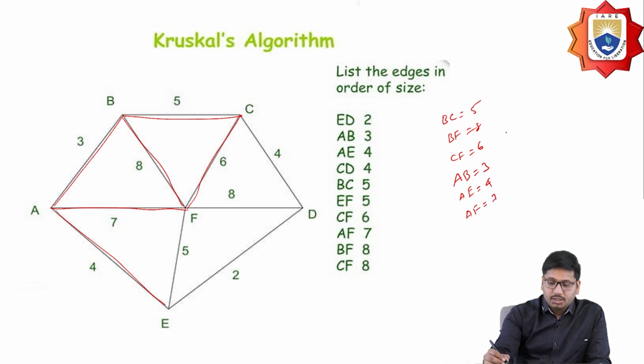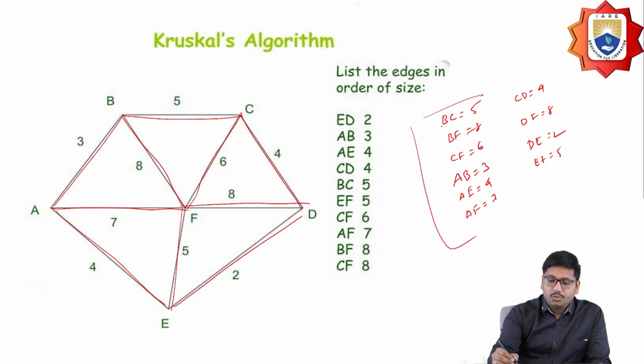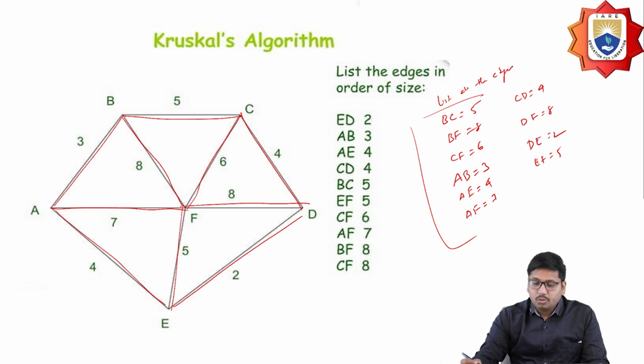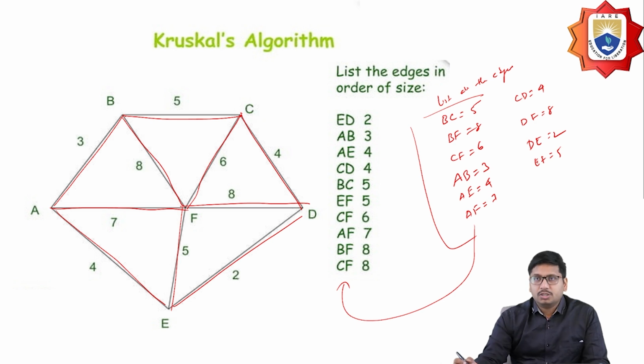Once that is done, then I am going to write CF. CF is already written. So CD, and then DF, and DE equal to 2, and EF should be 5. So initially I list out all the edges here with weights. Once that is done, I have to sort these edges according to the minimum cost.